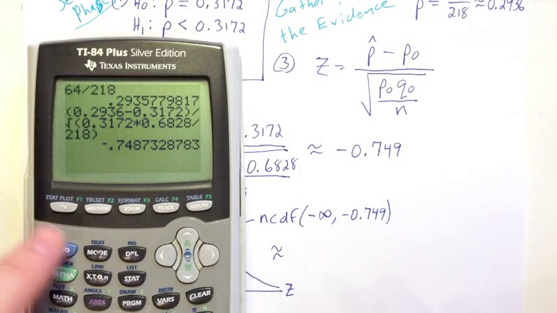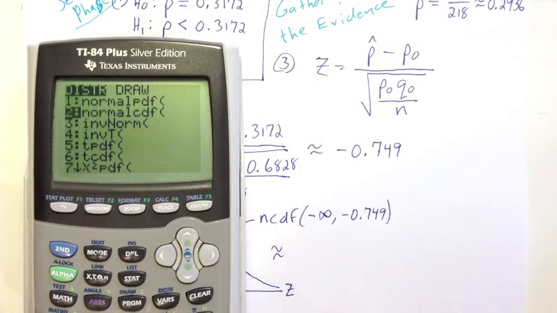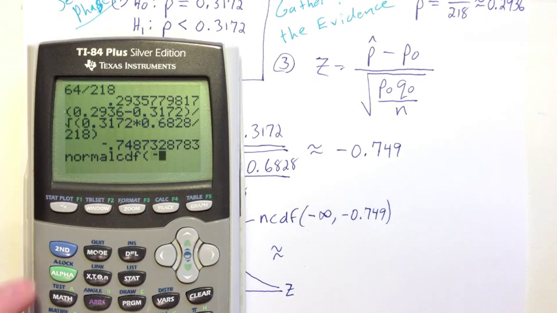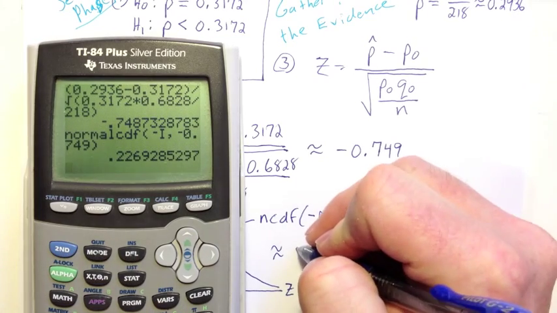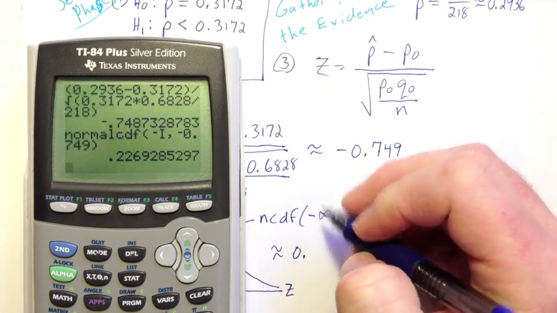So bringing in the calculator, going to the distribution function, normal CDF from negative infinity, so I'll do the alpha I, just have that big number stored in there, and then negative 0.749 on the right, and we get a p-value of 0.2269.